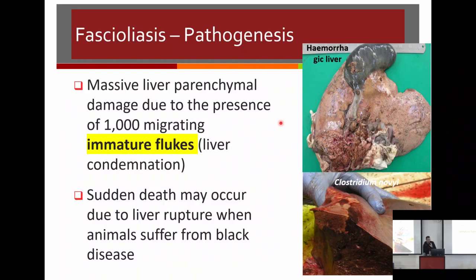Also, death can occur due to this liver rupture and the other disease, the bacterial disease Clostridium novyi, that is a sequel of this rupture of the liver, and that disease acts on the liver once the liver is damaged due to this liver fluke infection.